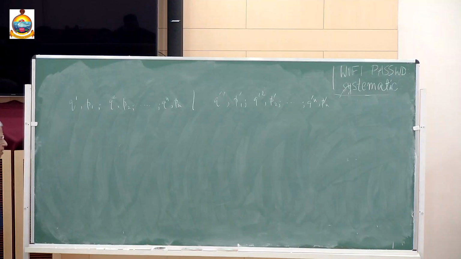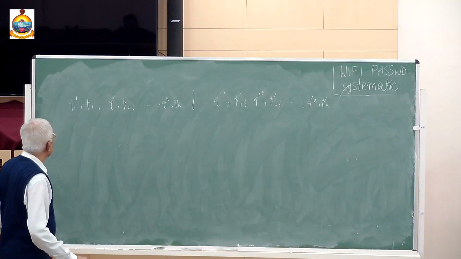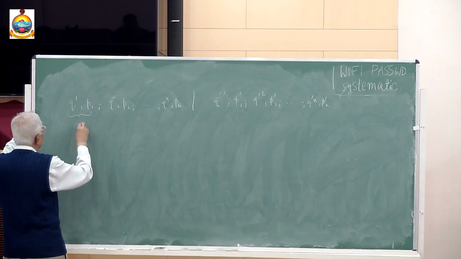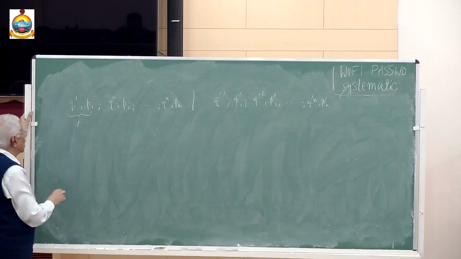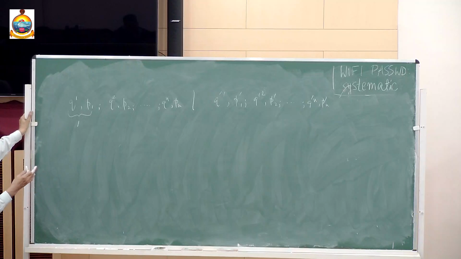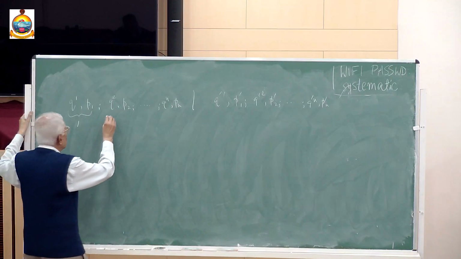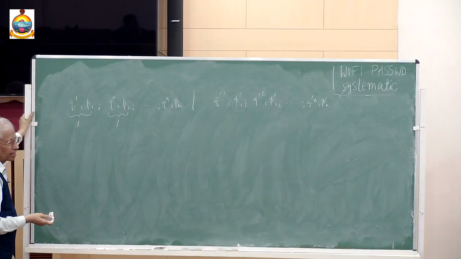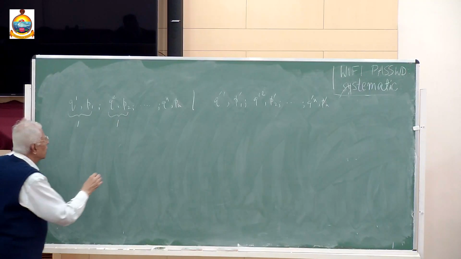Now here is Carathéodory's theorem. It says: out of the first old pair, choose any one, either the q1 or the p1. Out of the second, choose any one you like, q2 or p2.